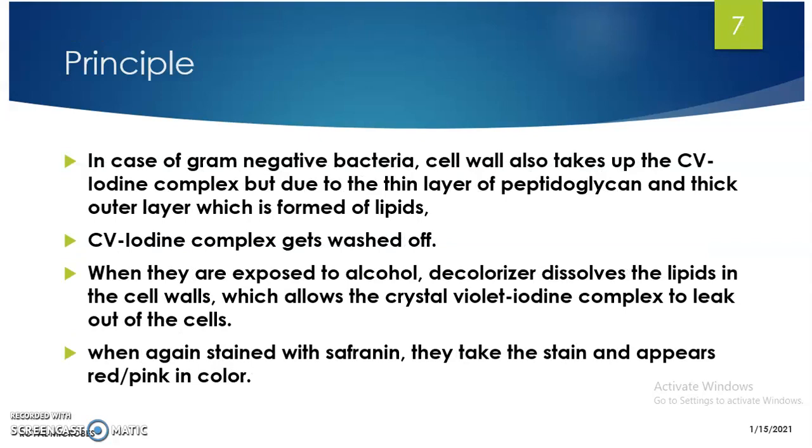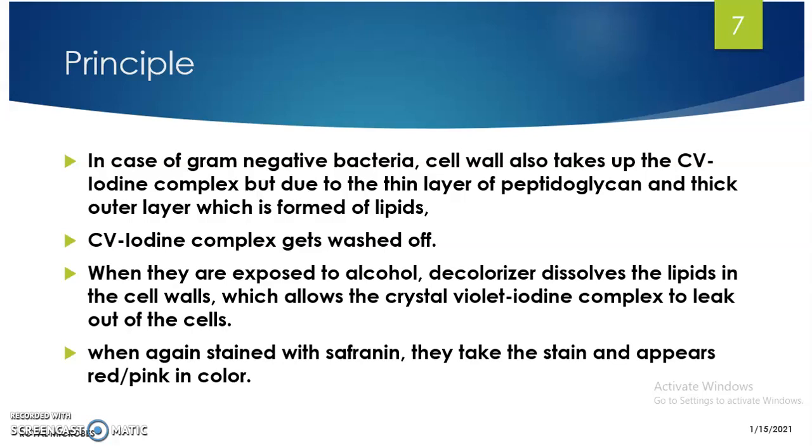In case of gram-negative bacteria, the cell wall also takes up the crystal violet iodine complex, but they have a very thin layer of peptidoglycan, and the outer membrane has more lipid. So they have low peptidoglycan and a high amount of lipids. The crystal violet iodine complex gets washed off during the decolorization process.